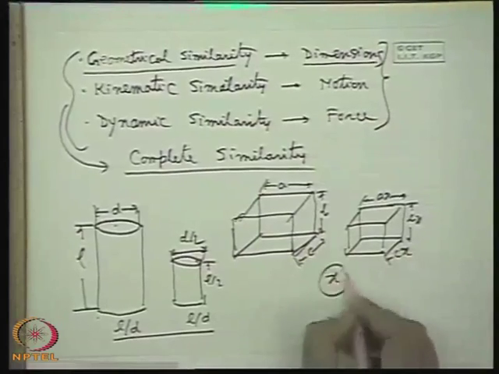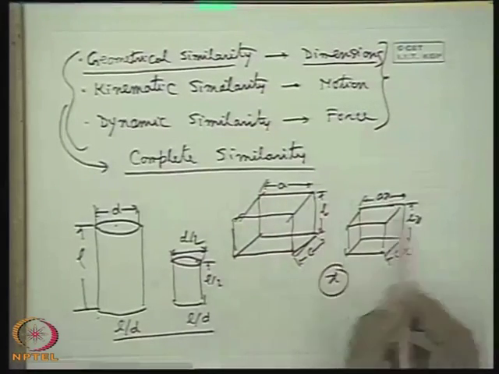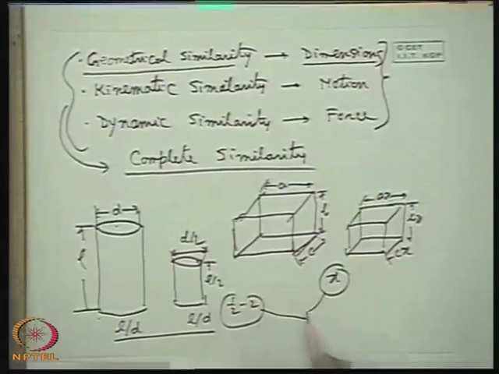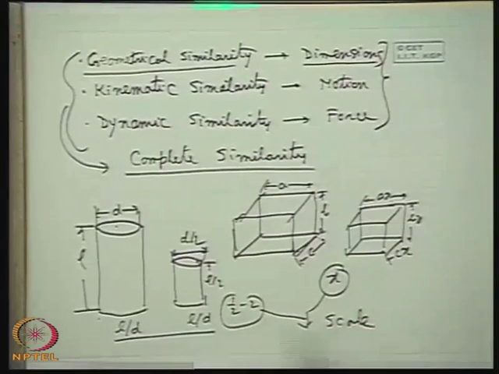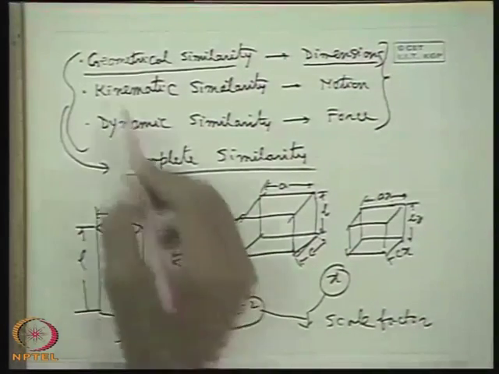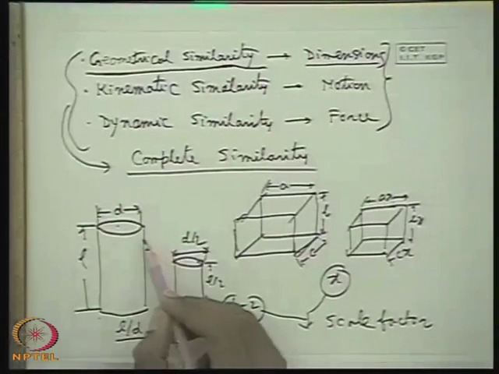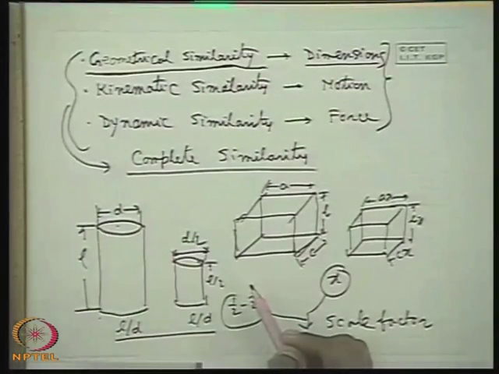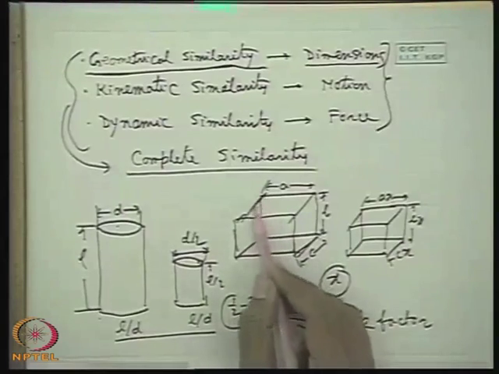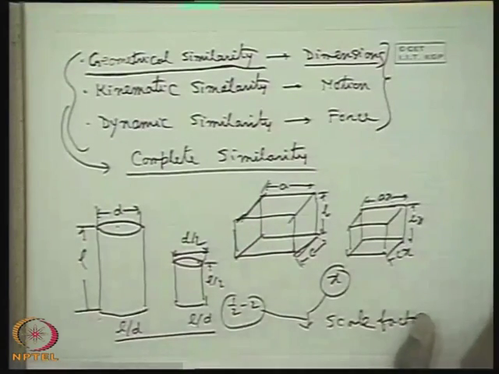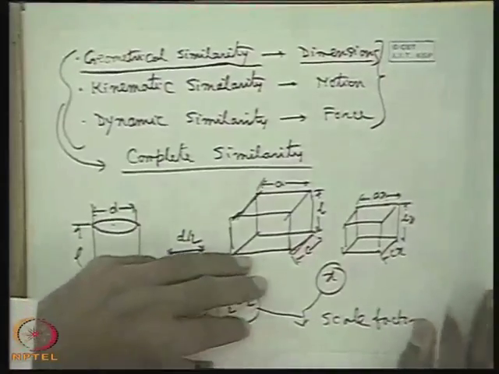This x is the scale factor, that means the ratio of the length, height and width. Here the scale factor is half or 2. So in one way we can say geometrical similarity is the similarity of shape. That means the geometry of the equipment or device through which the flow is taking place will be similar in nature. Next comes kinematic similarity.